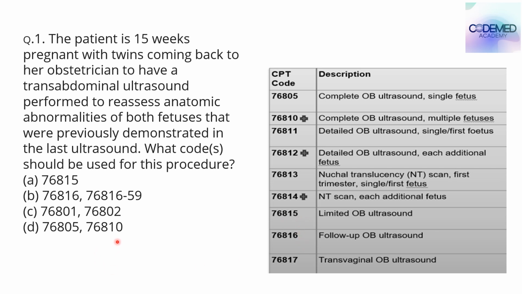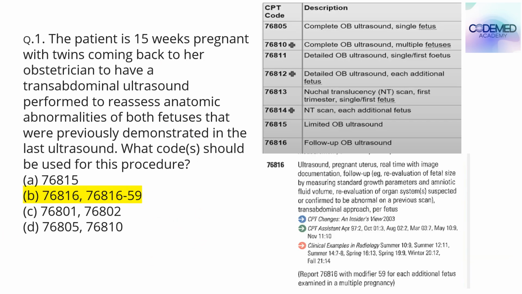Now 805 and 810 are a complete OB ultrasound and a complete OB ultrasound. Whether we require those two codes or these codes, that will zero in on our answer. So tell me, what is the answer? Yes, B is the correct answer, because the patient is coming back again to reassess the anatomical abnormalities.